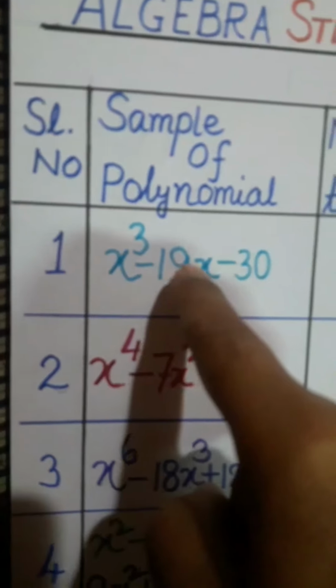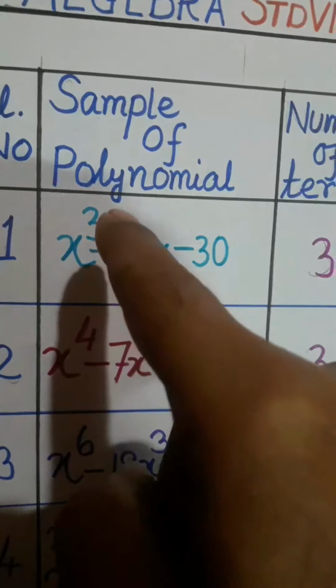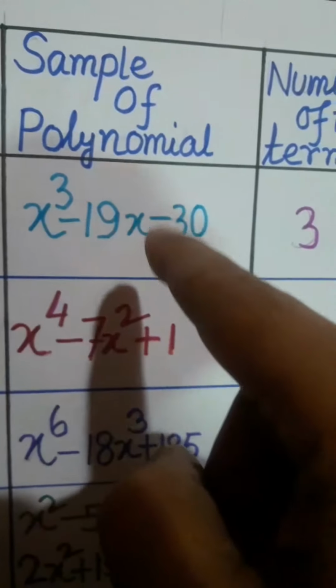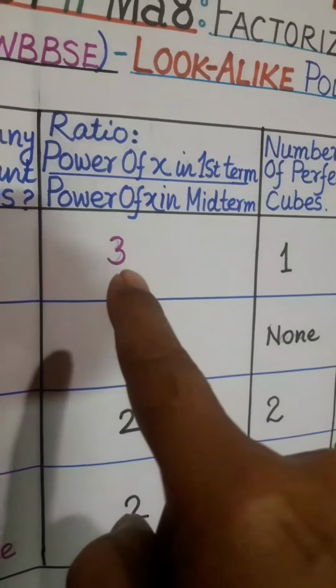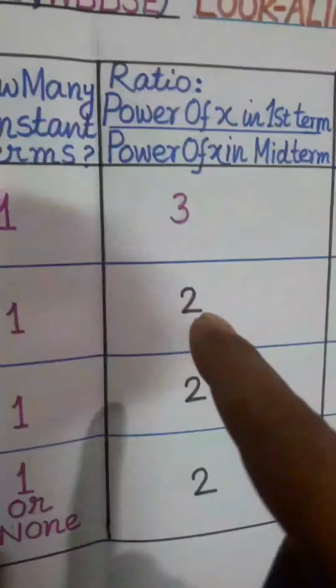See, in the first case, x cube minus 19x minus 30, the power of x in the first term is 3 and in the middle term it is 1. So the ratio is 3. In the second polynomial, it is 4 and 2. The ratio is therefore 2.